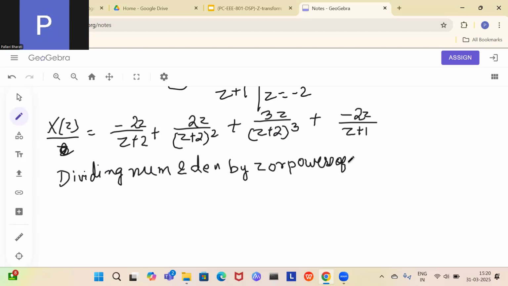Now let us see what happens. So in this one, you will be getting the first one minus 2. We are dividing by z in the first one. Fine. So z by z. So what you will be getting over here? 1 plus 2 z inverse.